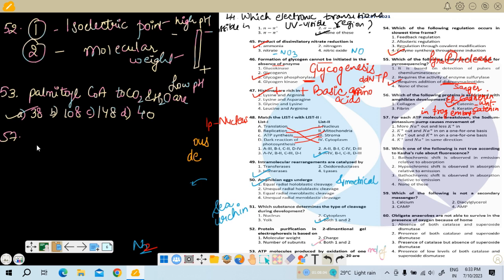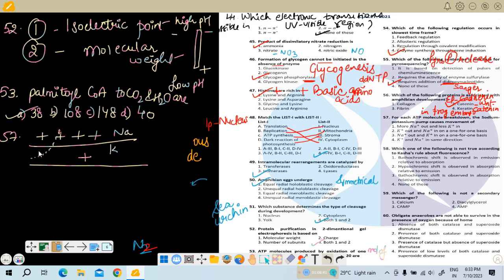sodium potassium pump. Now what happens in the sodium potassium pump? Here we have plus sign, that is Na positive. Here we have K positive, Na positive. So these Na positive are outside. Movement is like this, here to here.